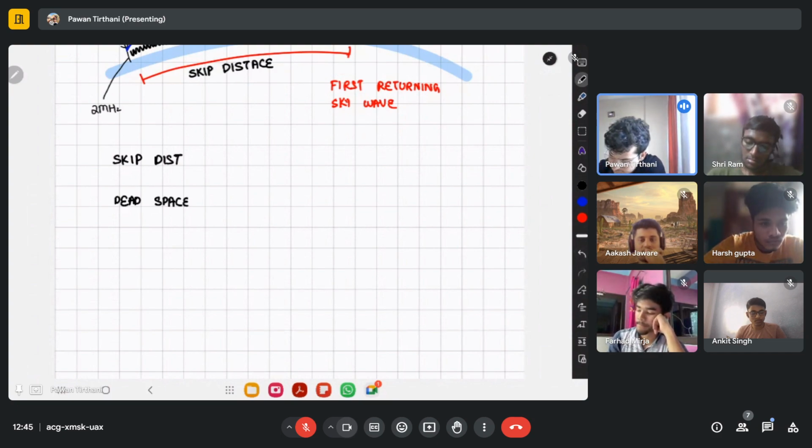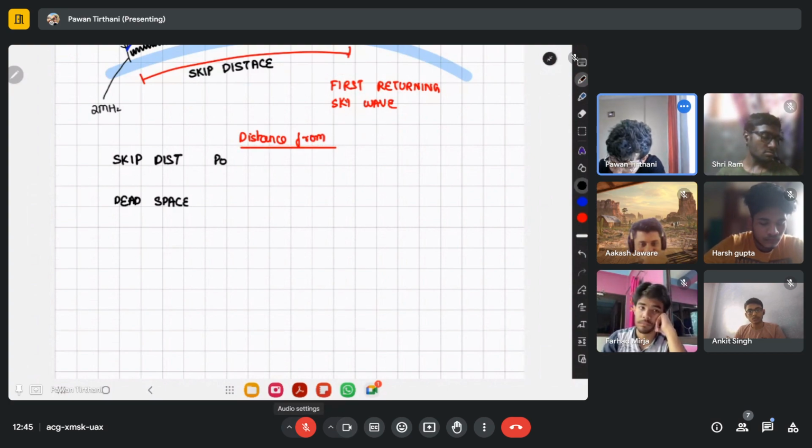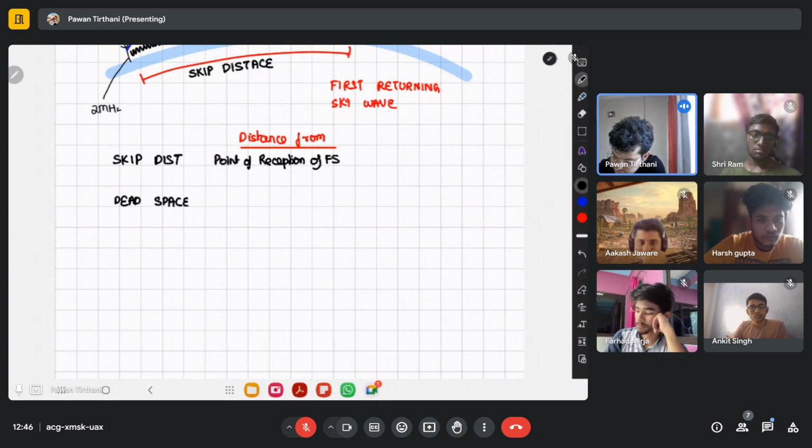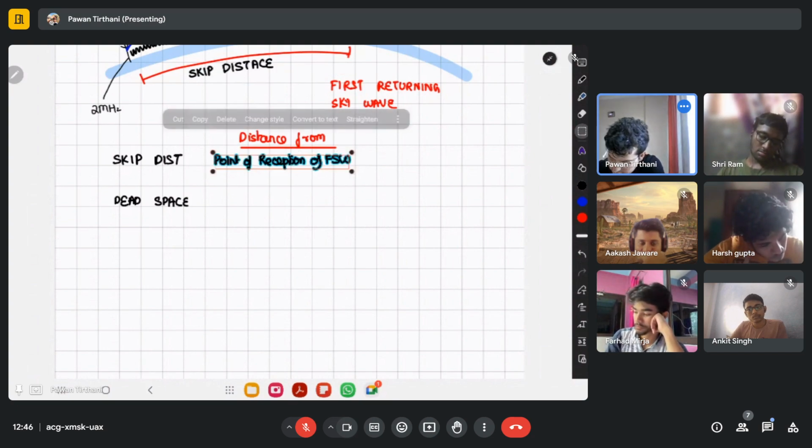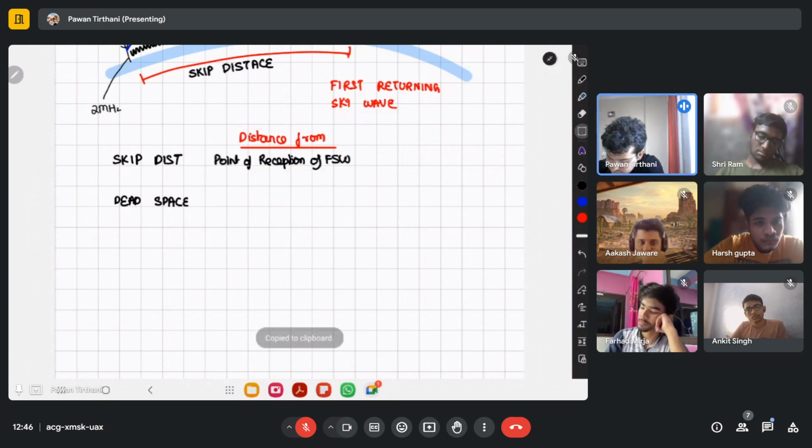They have a common point. It is the distance from the point of reception of the first sky wave.